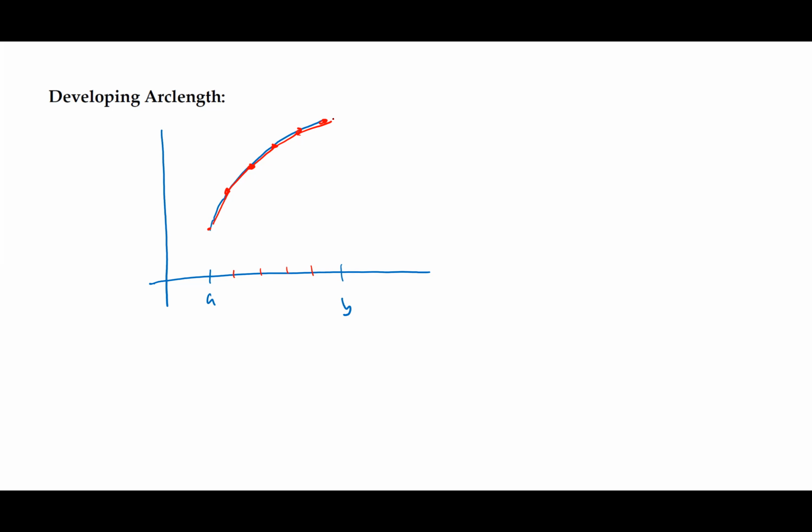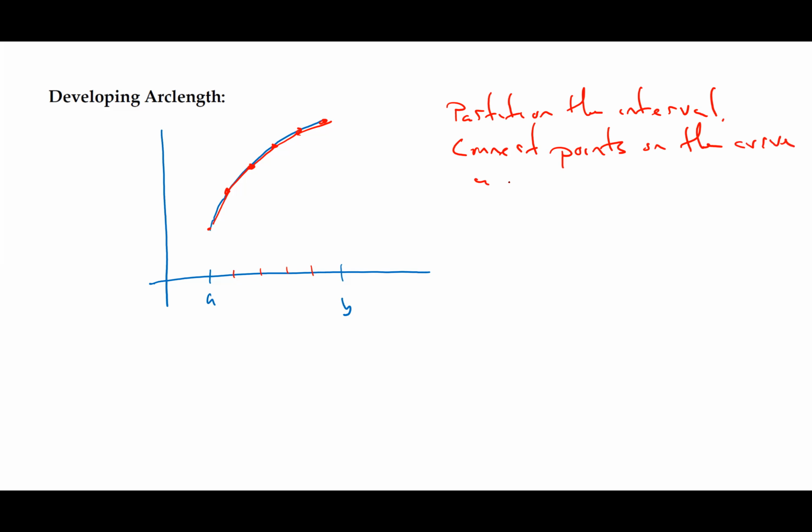Now, what does that do for us? How nice that we create line segments, because we can use, so let me mention what we're doing here. We're going to partition the interval and we're going to connect the points on the curve with line segments.